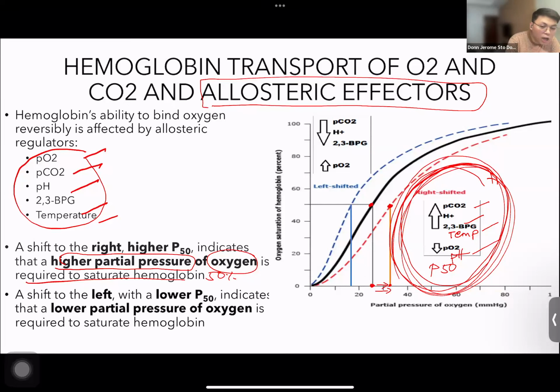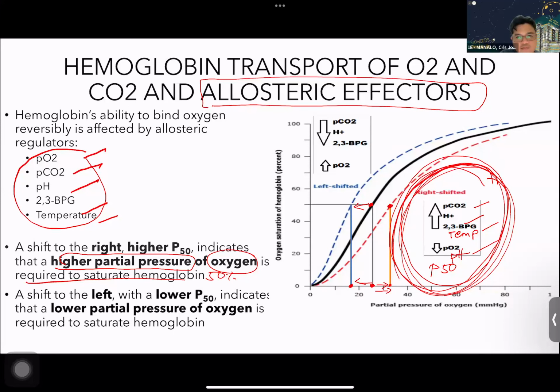On the other hand, a left shift, pag sa kabila naman, ano'ng na-notice n'yo sa P50? High or low? Low po. Lower, no? Bumaba yung P50, no? So sabi natin, pag low P50, ano uli ang affinity ng oxygen to your hemoglobin? High po.